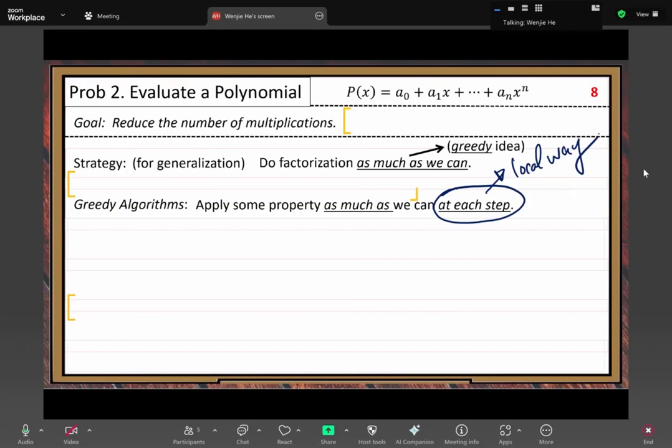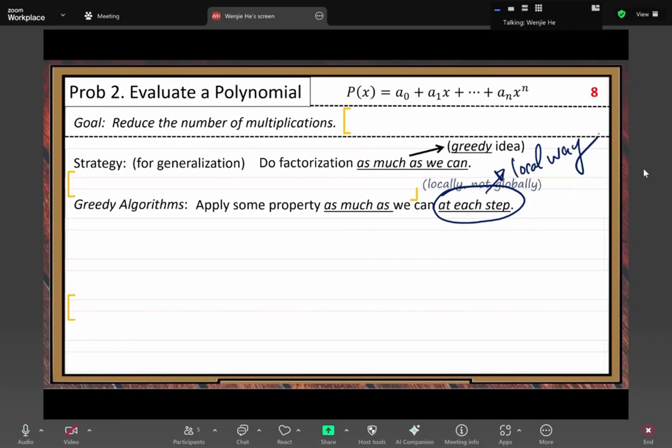If you want to do it globally, it's too hard, with too many considerations everywhere. We cannot make it. So what we can do is make this kind of local decision. That's the reason the greedy algorithm is an easy way to solve problems.